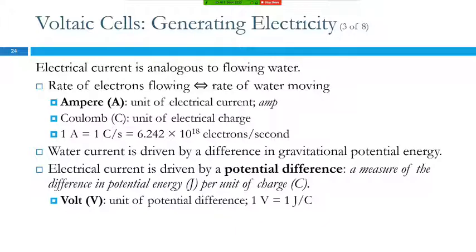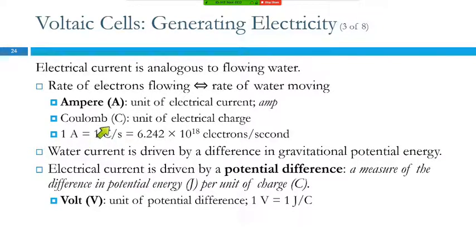So we're accustomed to thinking of electrons as being -1, but that's a relative charge. What actually is their charge? Well, charge is measured in coulombs. So an amp, a rate of electrical current, rate of electrons flowing, is 1 coulomb per second.